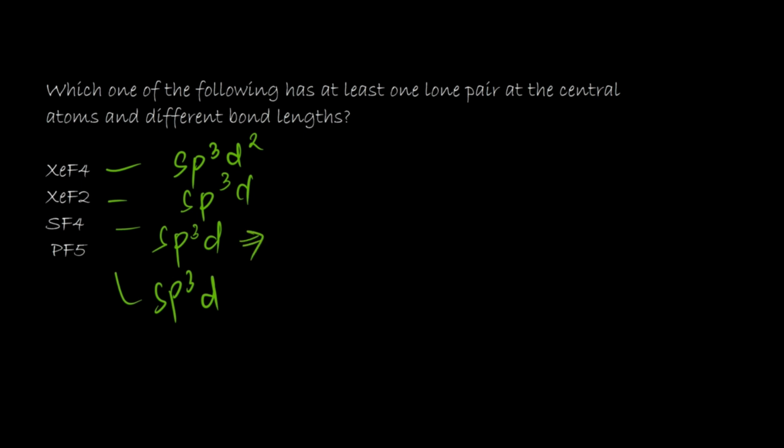If you draw the structure for SF4, it will look like this, with the lone pair residing here, which makes this your right answer. In the case of PF5, there is no lone pair; all are bond pairs, and xenon has more than one lone pair.